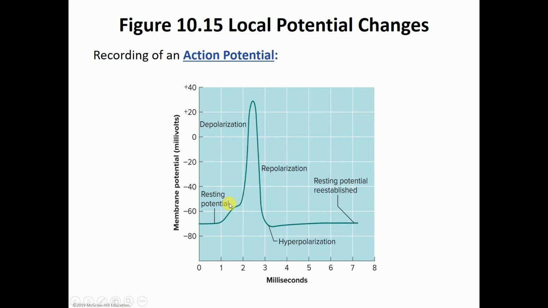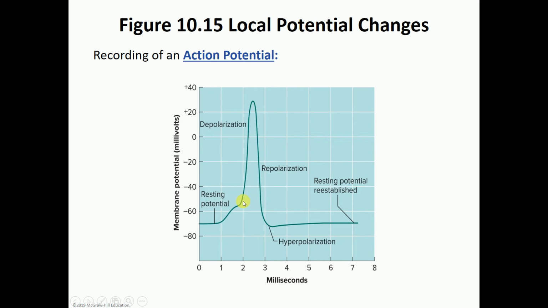If we reach that negative 55 millivolts, that is known as your threshold potential. That change in voltage from negative 70 to negative 55 opens up a second kind of channels, and those are known as voltage-gated sodium channels. So far, we only opened up sodium channels. Your very first one are either mechanically or chemically gated, and that leads to that initial change in the membrane potential from negative 70 to negative 55.